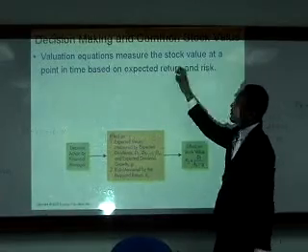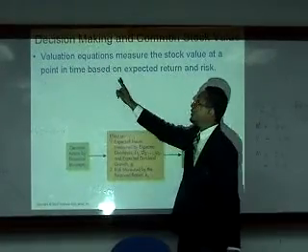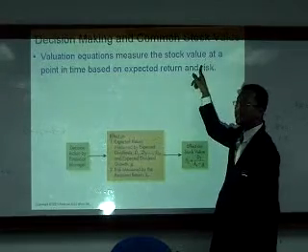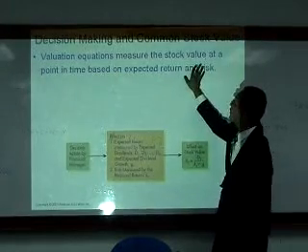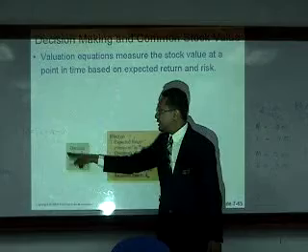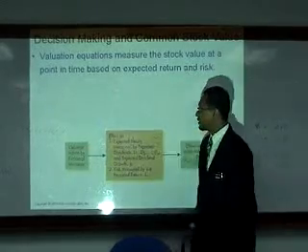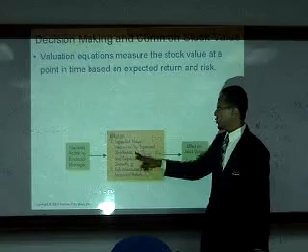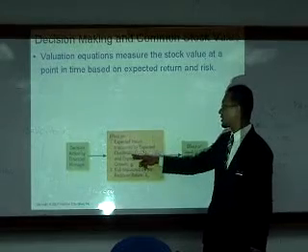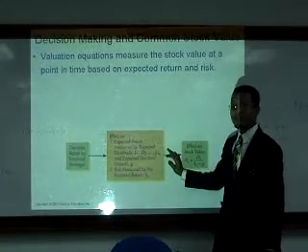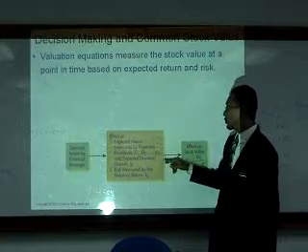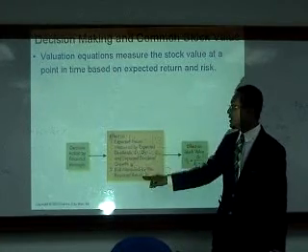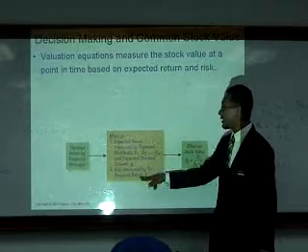The decision action by the financial manager will affect the expected return, which is measured by the expected dividends D1, D2, and the expected dividend growth, or G. And also risk, measured by the required return.